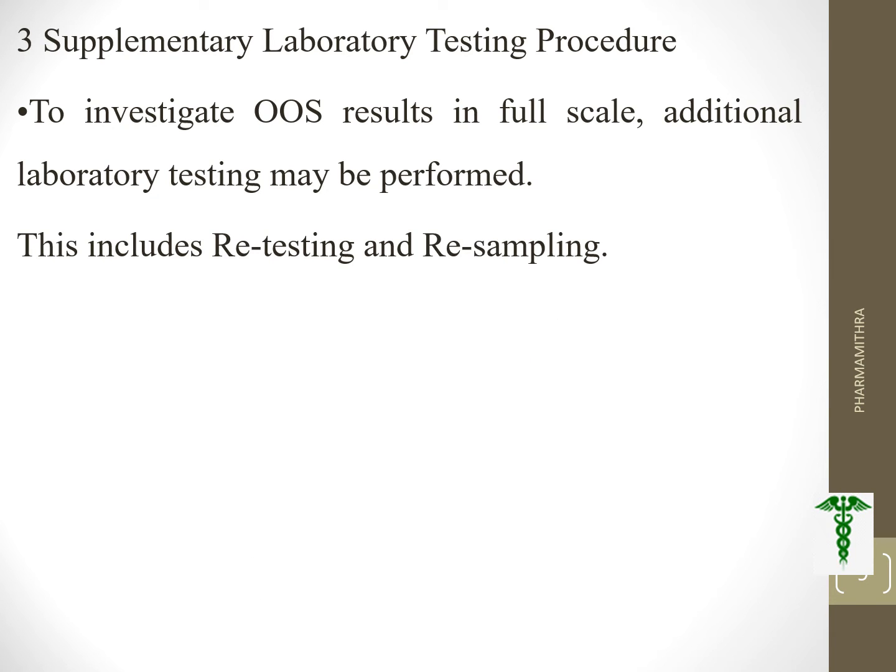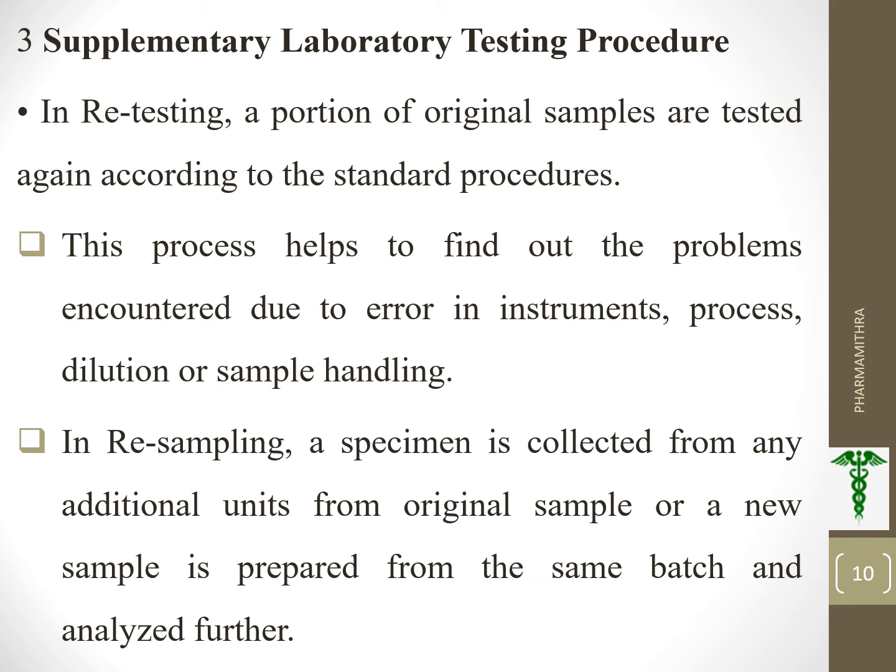The third thing is the supplementary laboratory testing procedure. To confirm the OOS result, we have to do retesting and resampling. What do we mean by retesting and resampling? Retesting means we take a portion of the original sample and check whether any errors happened in the instrument, process, dilution, or sample handling.